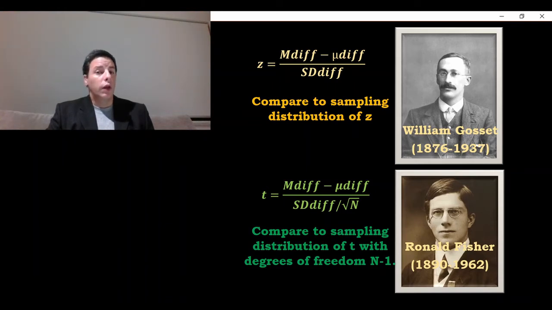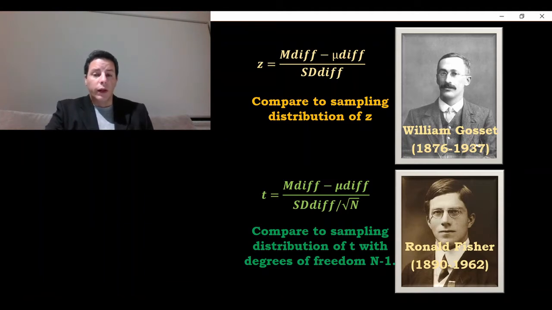That was the original Z-score proposed by Gosset, and he developed a sampling distribution of the Z-score and used that sampling distribution to determine the p-value, which we are going to see later.